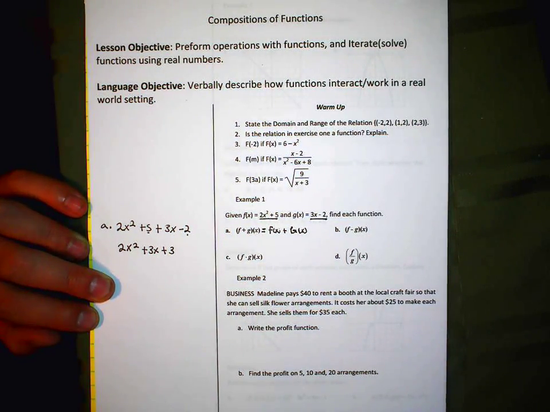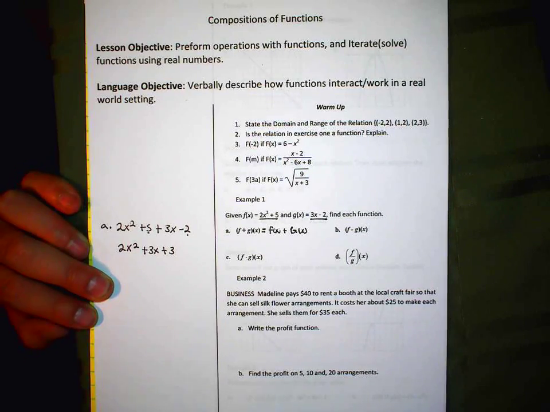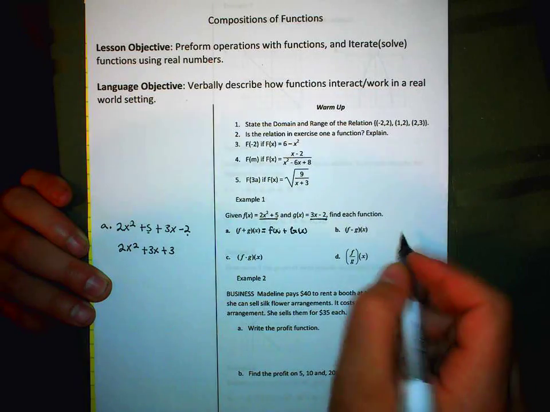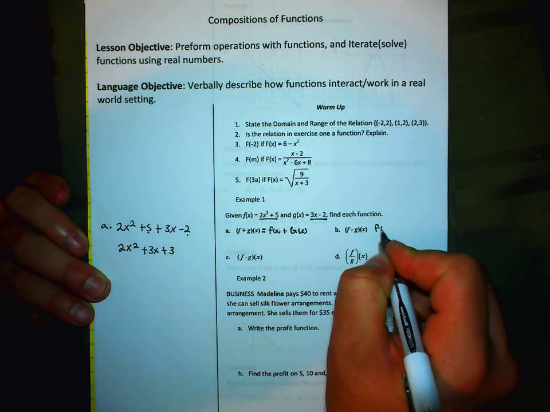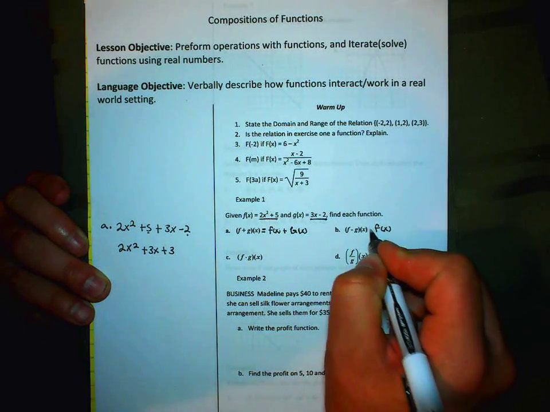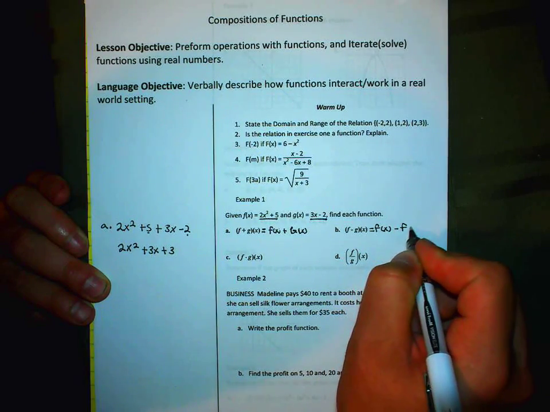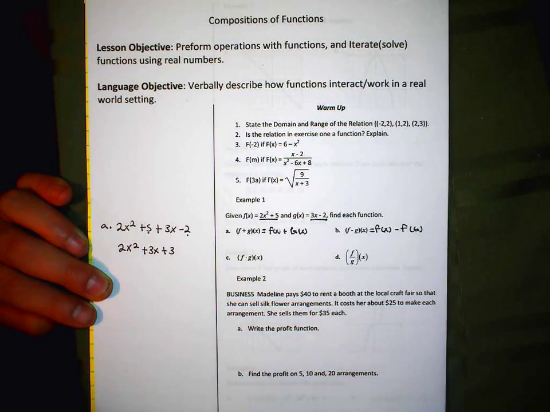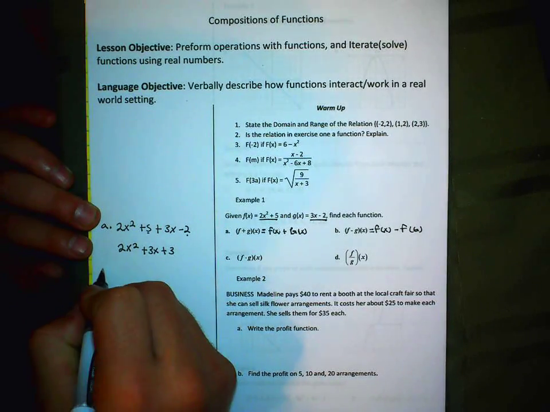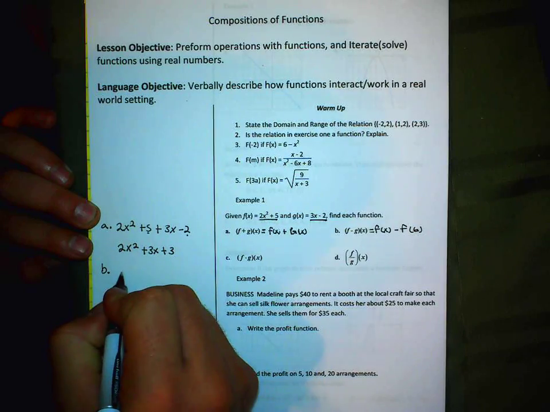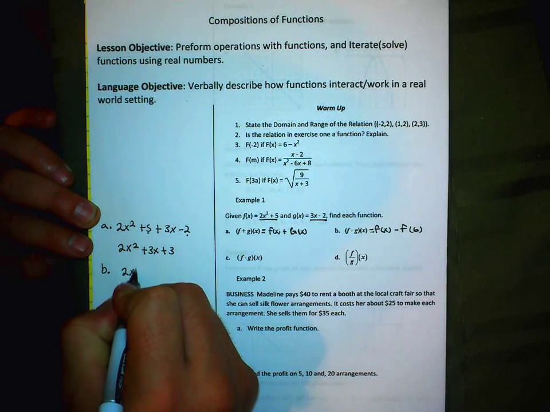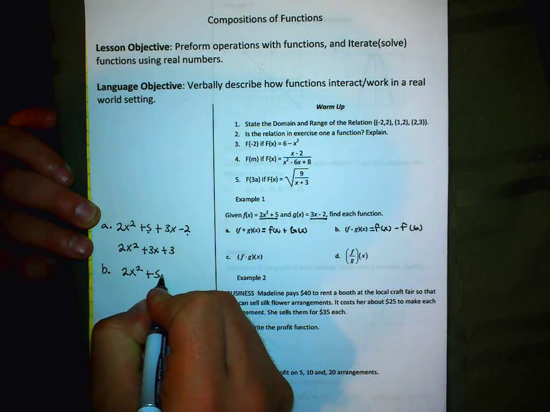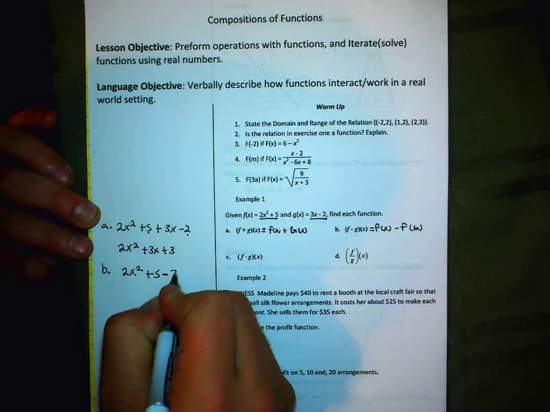Alright, let's check b real quick. B is going to use the same idea. F minus g of x can be rewritten as f of x minus g of x. We're going to rewrite it the same way we did with a. So again, 2x squared plus 5, because that's my first part, minus 3x.